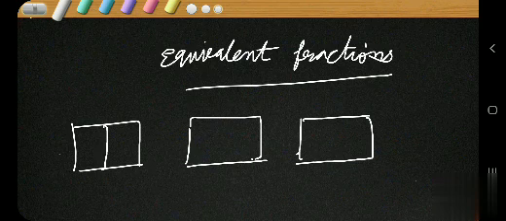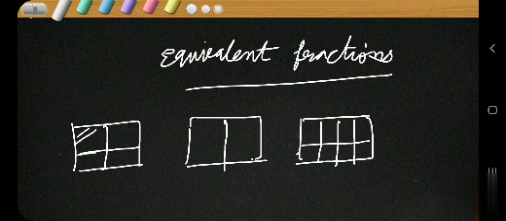That means the same length and breadth. Here it has been divided into 4 equal parts. Here the rectangle has been divided into 2 equal parts, and in the third figure the same rectangle has been divided into 8 equal parts. And in the first one, the shaded portion is this one.